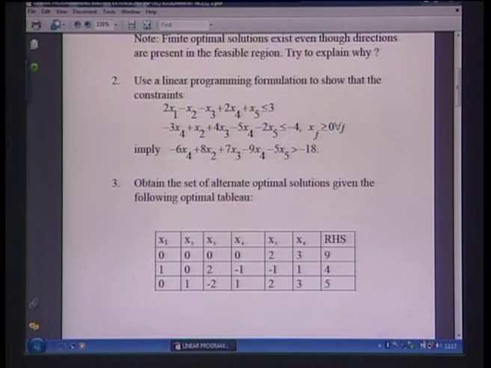If you treat the left hand side, that is minus 6x1 plus 8x2 plus 7x3 minus 9x4 minus 5x5, as the objective function, and you want the value to be greater than minus 18, you can guess what the minimum should be. So, you can formulate this problem.